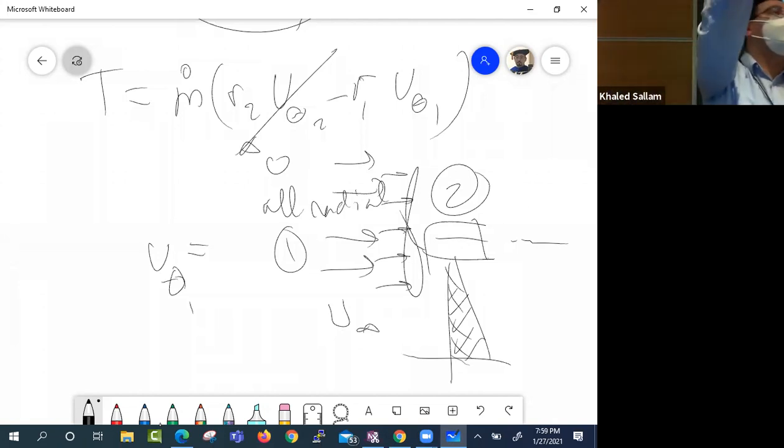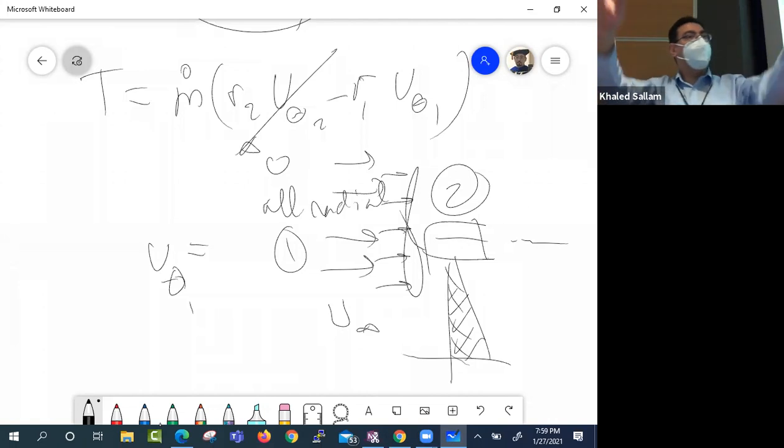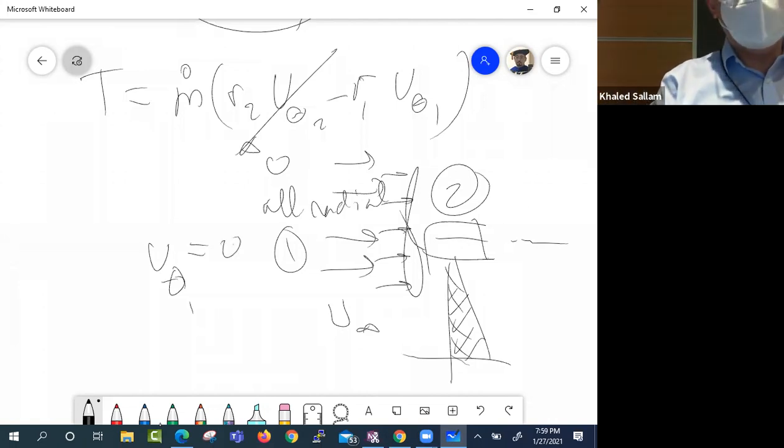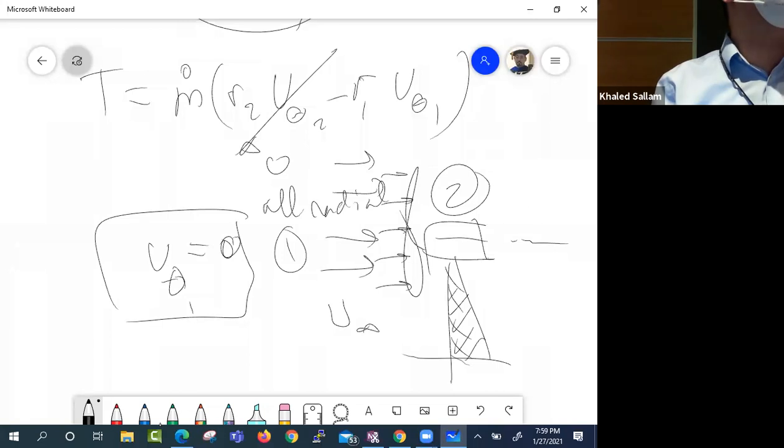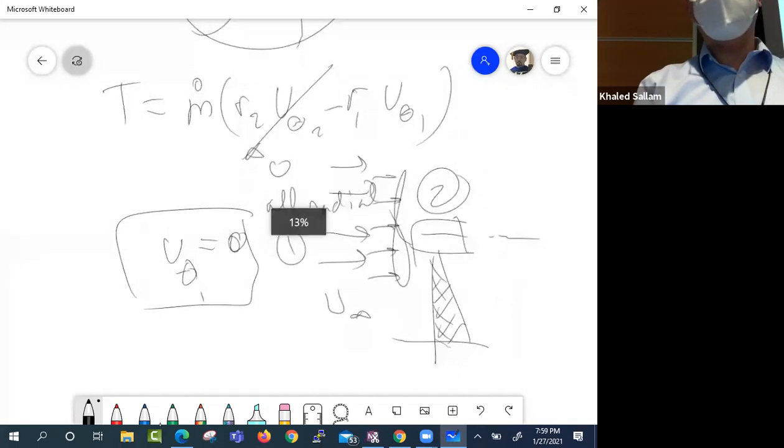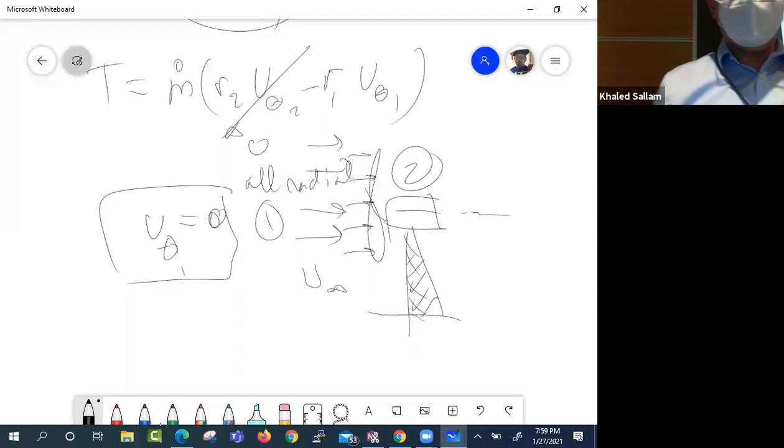It's not a tornado approaching us, just wind blowing on us. So V theta 1 is 0. So if in a wind turbine V theta 1 is 0, how is it going to generate any torque? Is this equation wrong? Did I screw up the equation? No, the equation is correct. So then how is it going to generate torque?